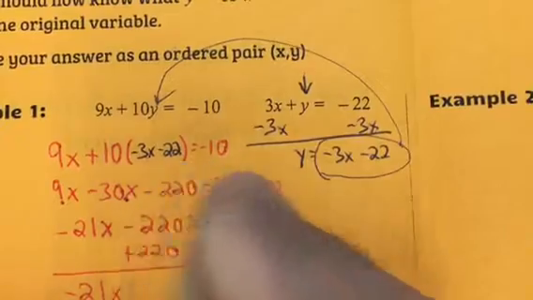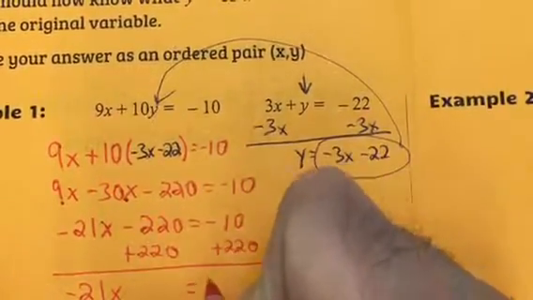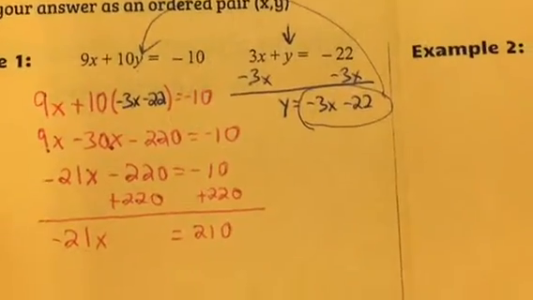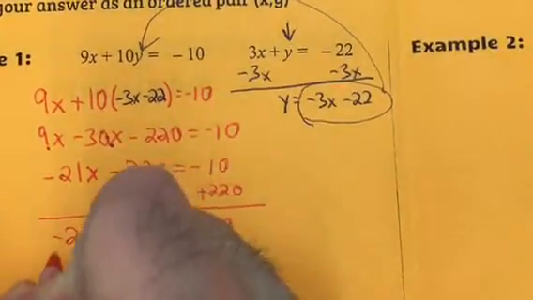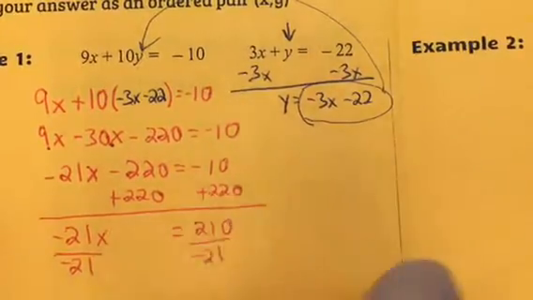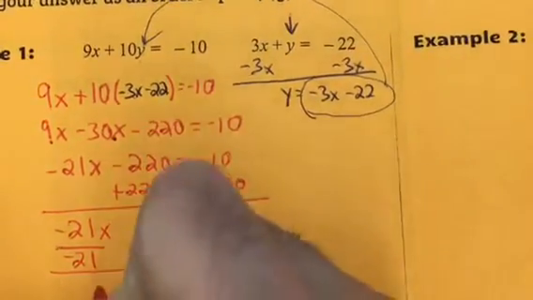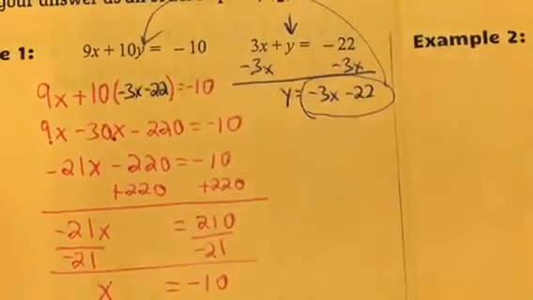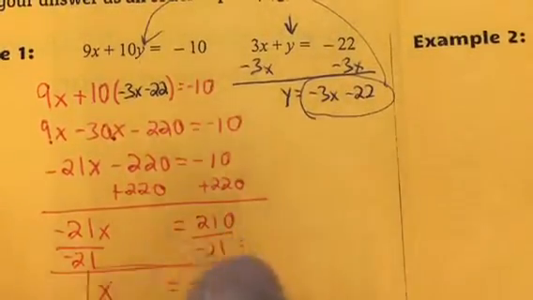Negative 21x equals 210. Divide by negative 21 on both sides to get x alone. X equals negative 10. That's my first answer.